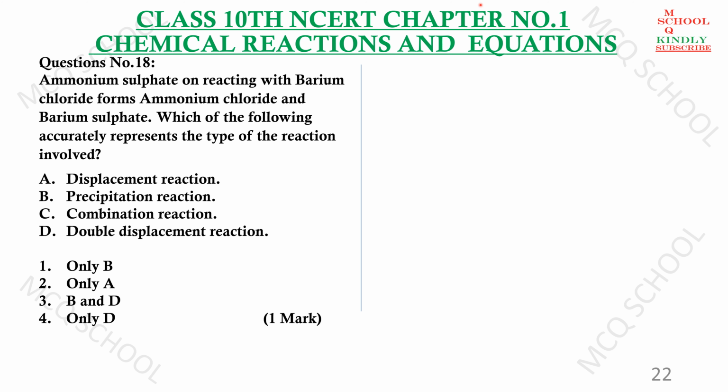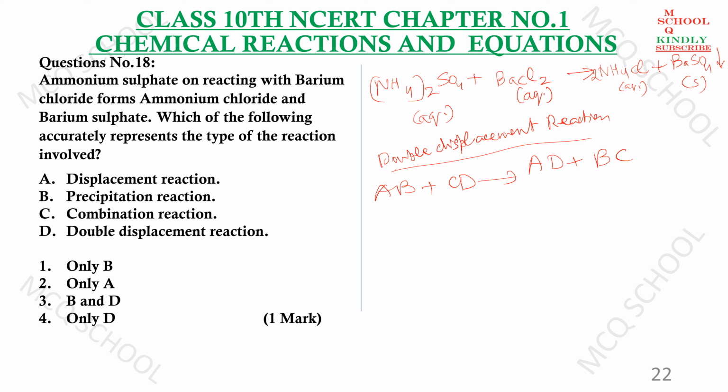For understanding properly, let us write the equation. In our case, ammonium sulfate reacts with barium chloride and forms ammonium chloride and barium sulfate. A precipitate, a solid, is formed. If we compare with the basic double displacement equation we learned earlier, AB plus CD forms new compounds AD and BC by interchanging the partners.